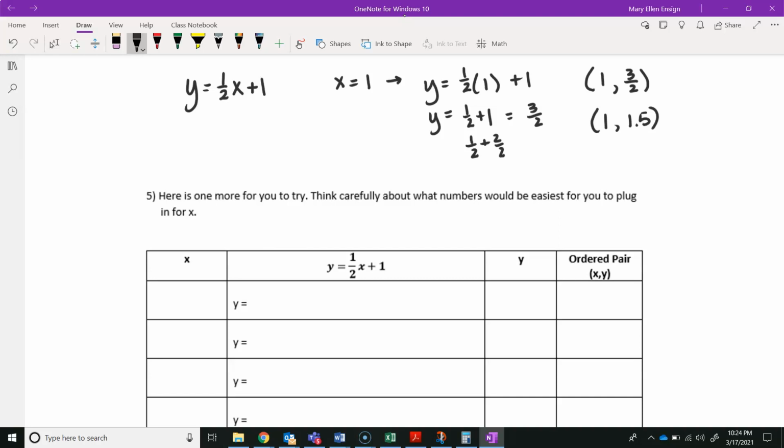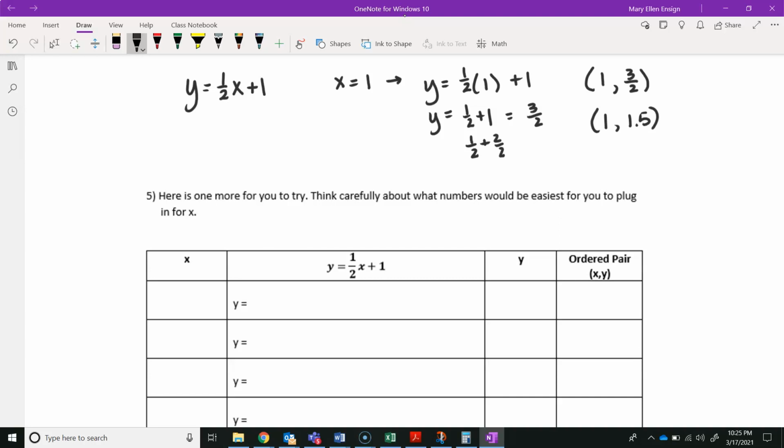That's perfectly acceptable. Not always the easiest to graph though, right? Especially imagine if instead of 1.5, it was a slightly different equation and we ended up with 1.8 or 1.25 or something that was a little bit harder to estimate.